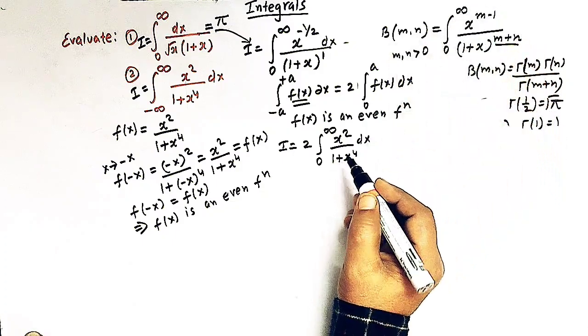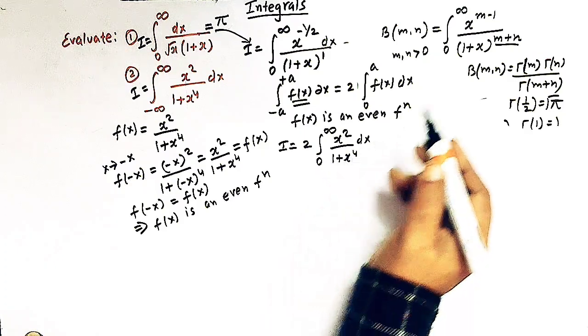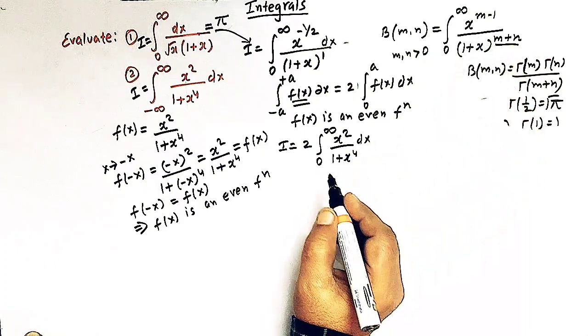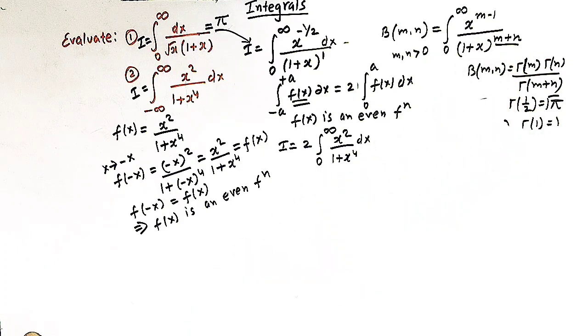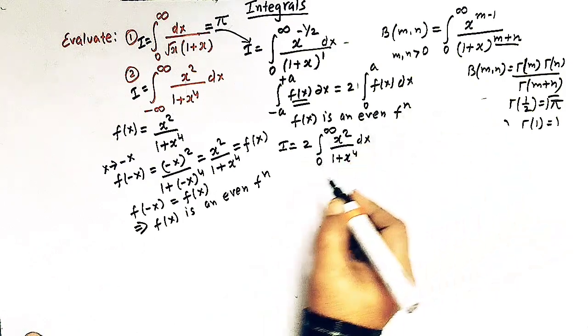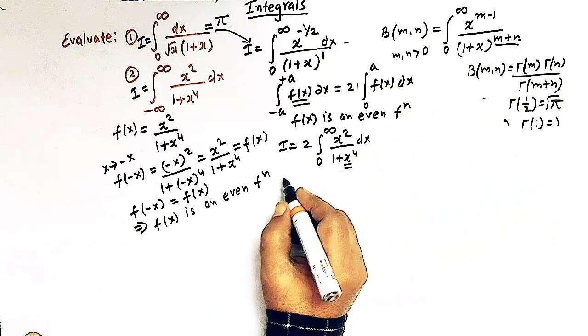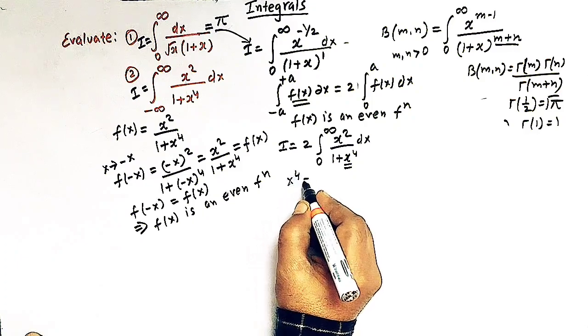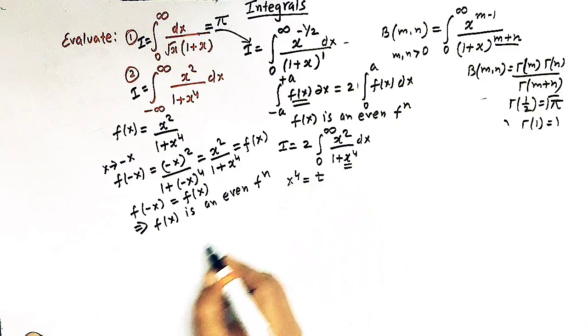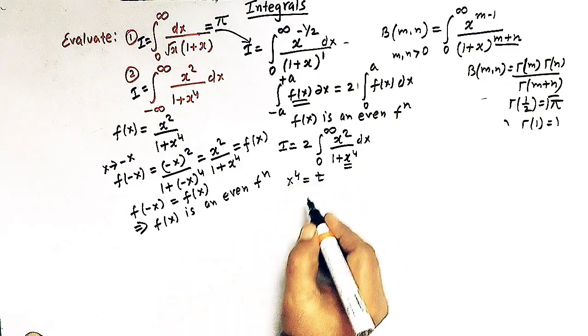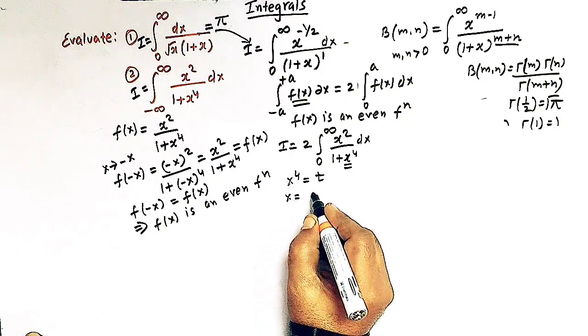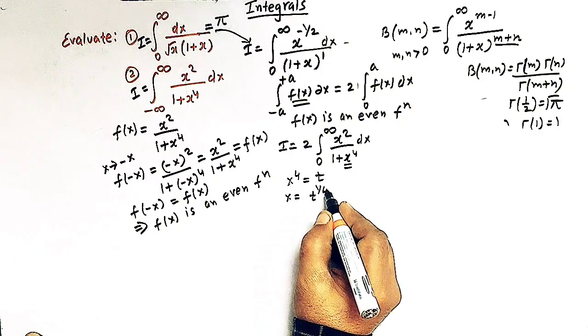So to convert this integral into this form, we have to make use of the substitution method, and for applying substitution method, we'll take x raised to 4 is equal to some variable, say t, right? So x is now equal to t raised to 1 by 4.